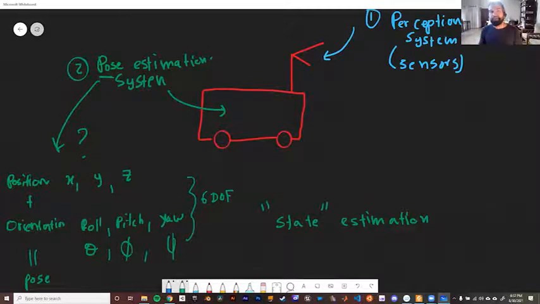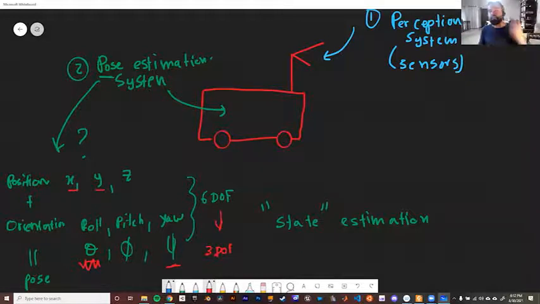But if you're dealing with a mobile robot going on the ground, and you can assume that the ground is planar, you can get away with just three of these parameters: the x, y on the ground and the yaw. So if it's a 2D environment and the robot is just traveling on the ground, you can bring this 6 degrees of freedom to 3 degrees of freedom.